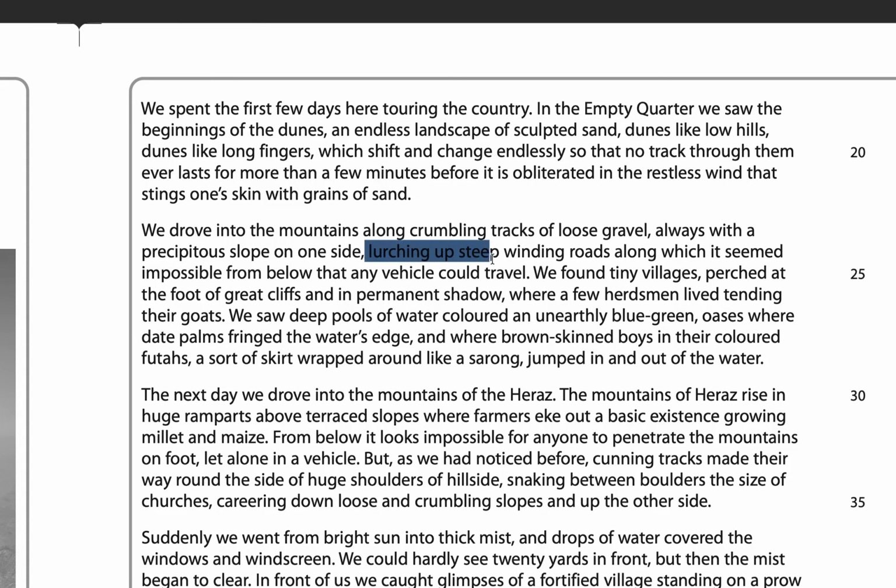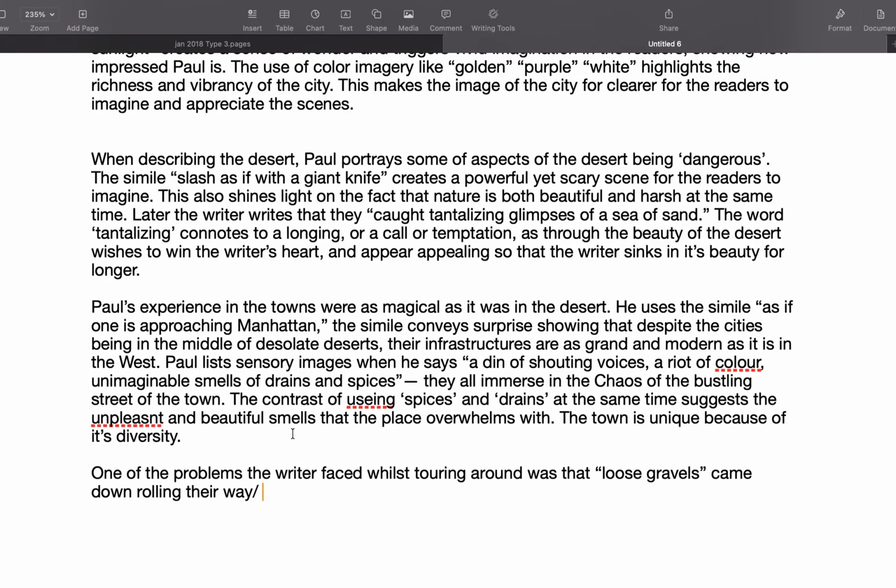So what we can do over here is say that this shows that the roads in the desert are uncertain and filled with risks.